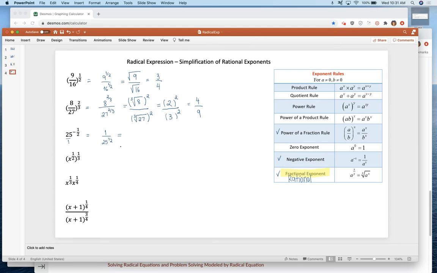And I can proceed because I see that this is a square root and 25 is a perfect square. So then I can extract perfectly the square root of 25. I rewrite it as the square root of 25.